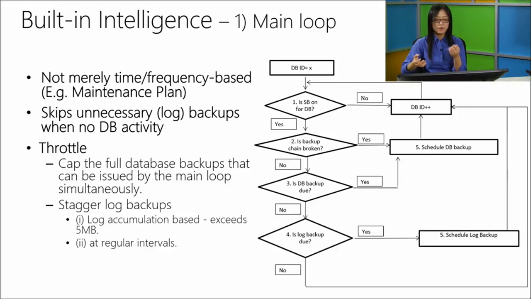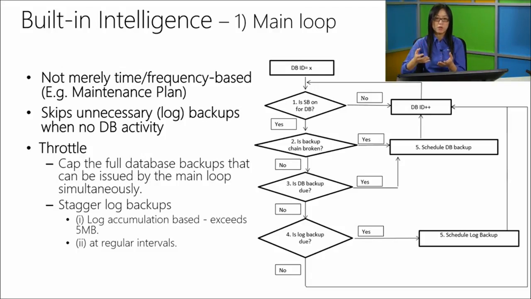For instance, if we're thinking about the full backup on a regular database, we actually take a full backup every week as a bare minimum. And for the log backup, the loop actually runs every 15 minutes. We loop and go through each individual database to see whether there is a need to take a log backup. Based on what?